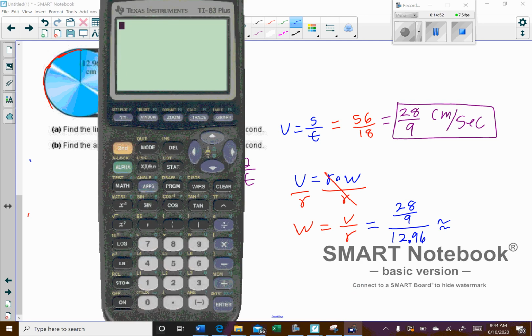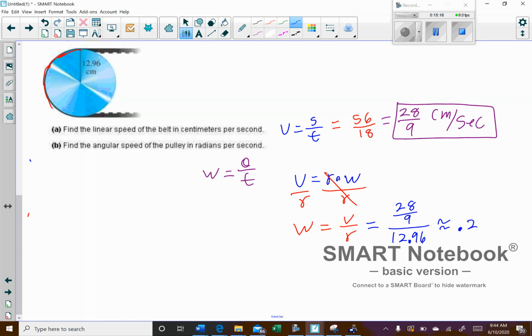So 28 divided by 9, and then we'll divide that by 12.96. And that will give us 0.24. And that's how it will be on your homework. You'll just do a couple decimal places. So it's going to be 0.24 radians per second.